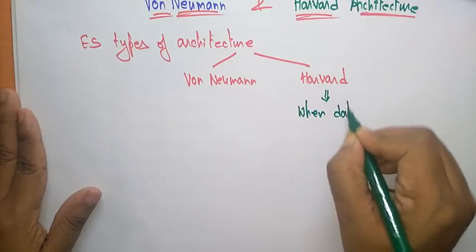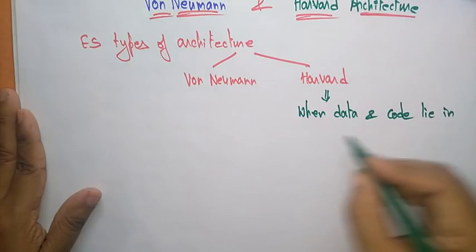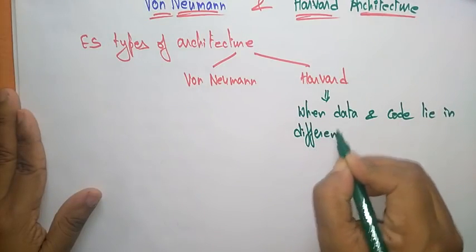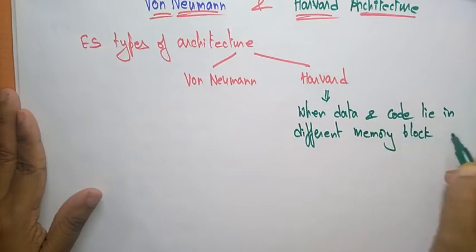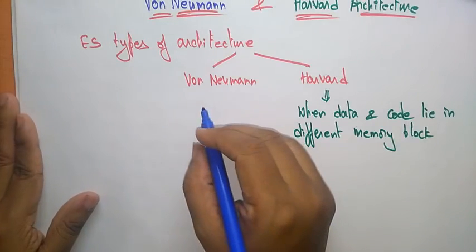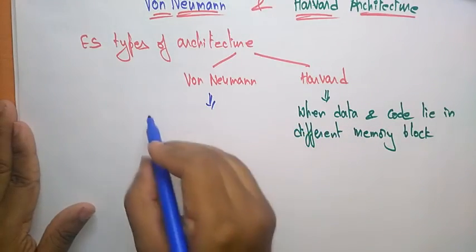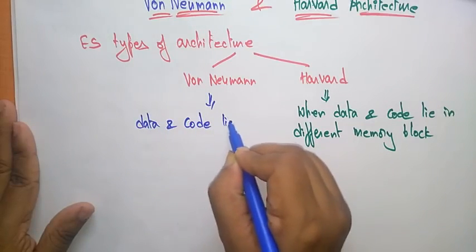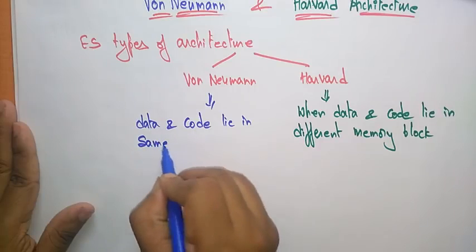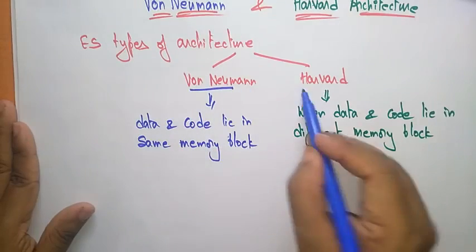When data and code lie in different memory blocks, remember this point, different memory blocks, that is referred to as Harvard architecture. Whereas in von Neumann architecture, data and code lie in the same memory block.